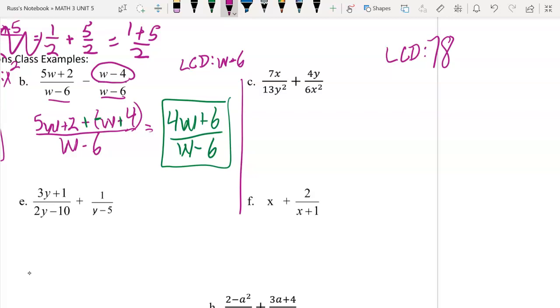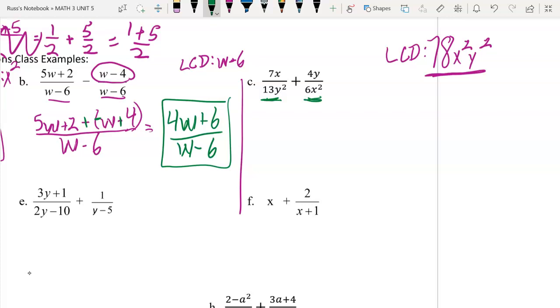And then I need an x squared, and I need a y squared. The key is this thing has to be divisible by both denominators, and it is. If you want to find it, you can always multiply one denominator times another. So here's the trick. I need to get this denominator and this denominator to be the same.